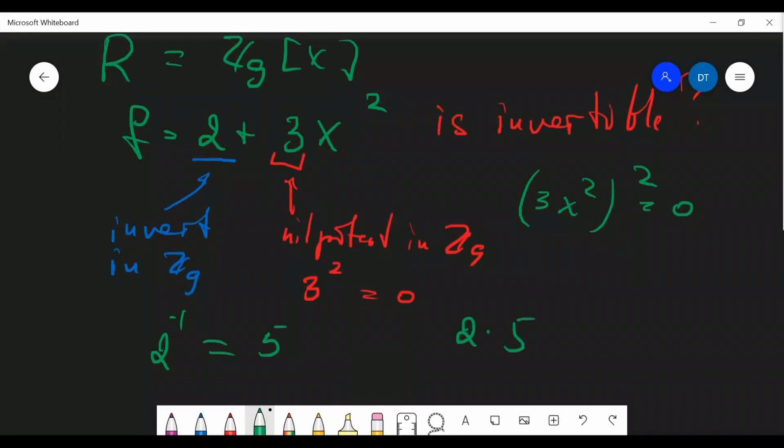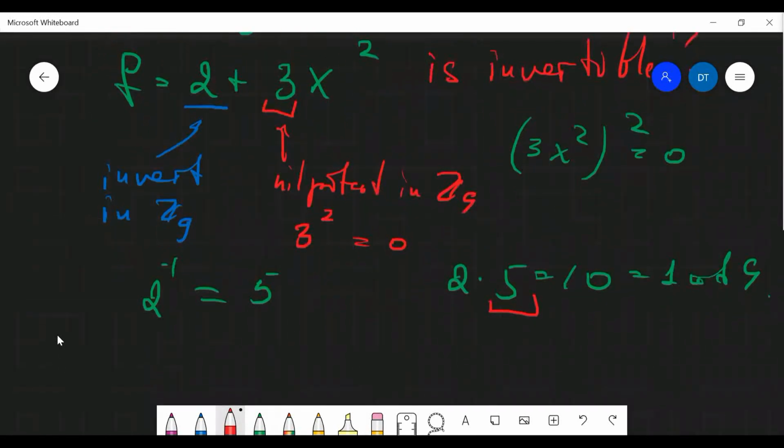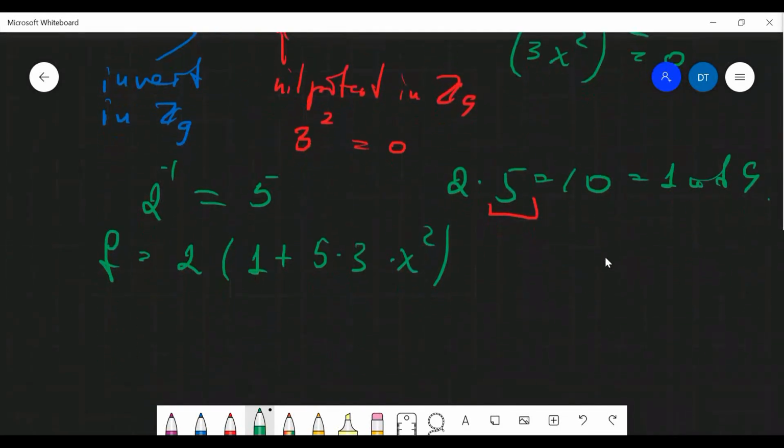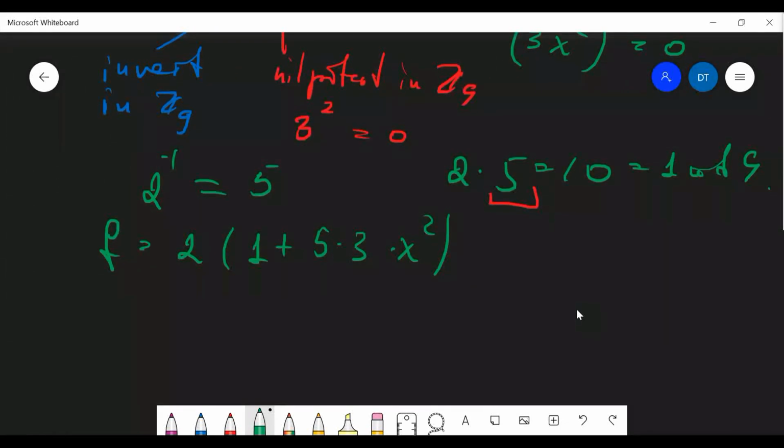Because 2 times 5 equals 10, which is 1 modulo 9. This means that 5 is the inverse for 2. That's why f is equal to 2 times 1 plus 5 times 3 times x squared. And 5 times 3 is 15, and 15 is 6 modulo 9. So this is 2 times 1 plus 6x squared.